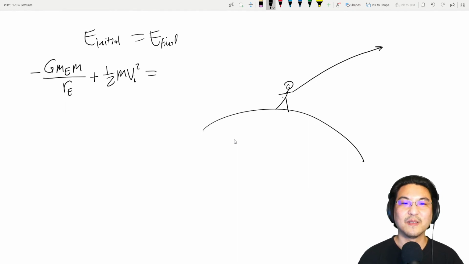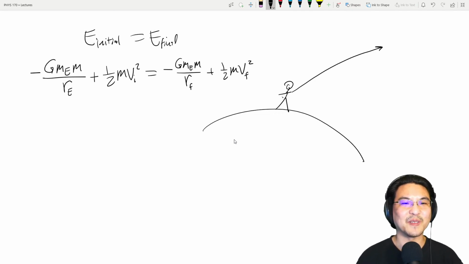Then there's gravitational potential energy afterwards, minus G, mass of the Earth, mass of the object, over some final distance, plus 1/2 m v final squared. Okay, so in order for you to escape Earth's gravitational potential energy, you have to be infinitely far away.